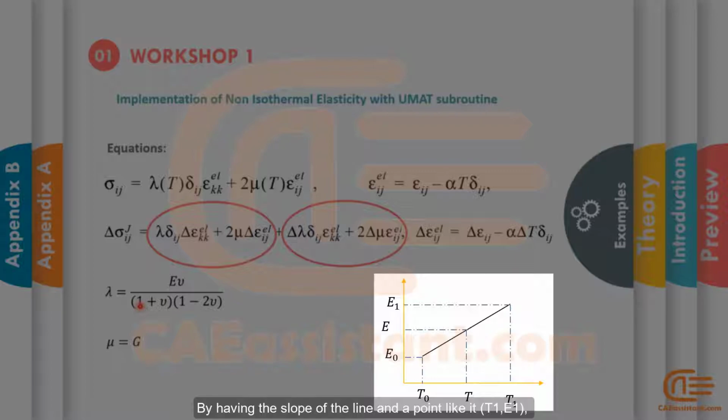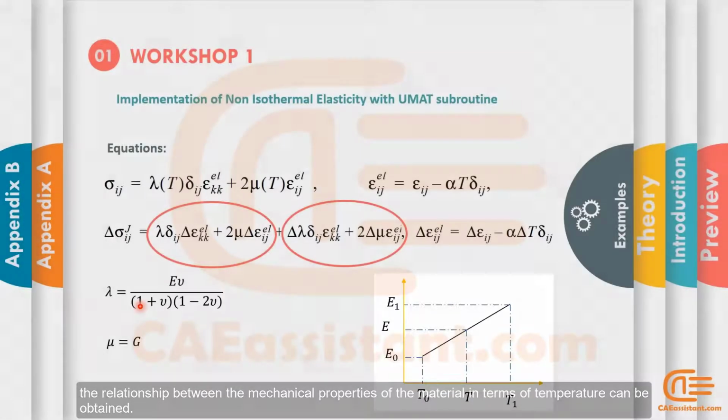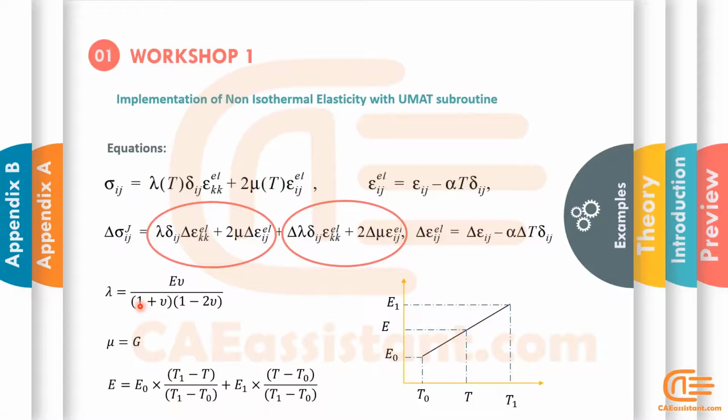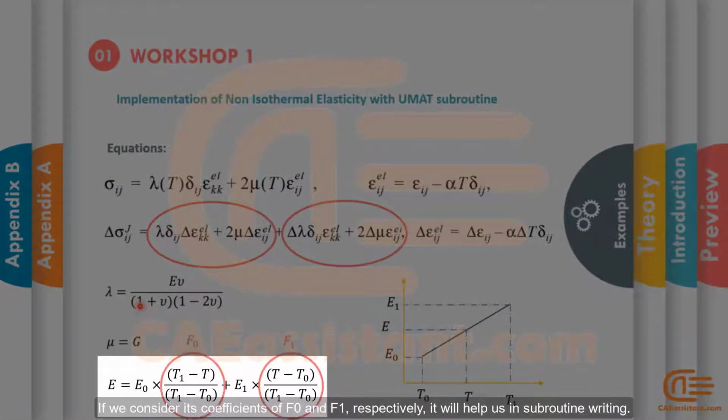By having the slope of the line and a point like T1 and E1, the relationship between the mechanical properties of the material in terms of temperature can be obtained. For example, for the elastic modulus, the following relation can be written. If we consider its coefficients F0 and F1 respectively, it will help us in subroutine writing.